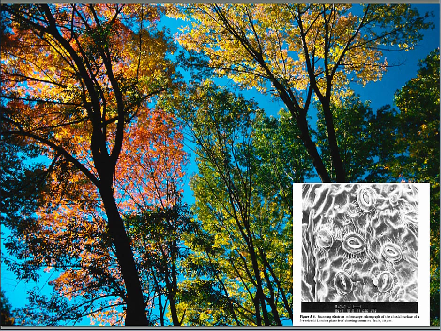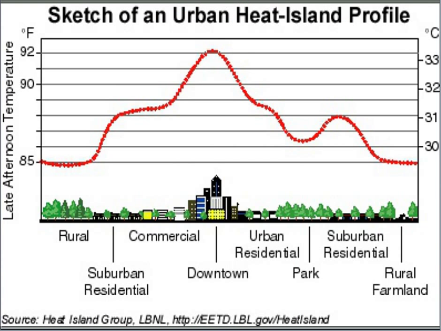Also, trees provide shade, either through the bark or through the wood itself or through the leaves. But what's important in this aspect is what you want to do is maximize healthy leaf surface area. And because of these stomates and this gas exchange, you want healthy leaves and you want water being moved through the system. This is not so much a problem when we're in forested environments where water tends to be abundant. This can be an issue in more desert landscapes where water is not that abundant.